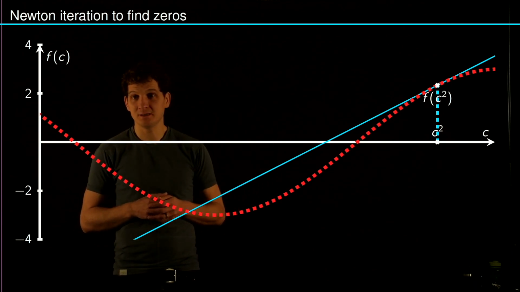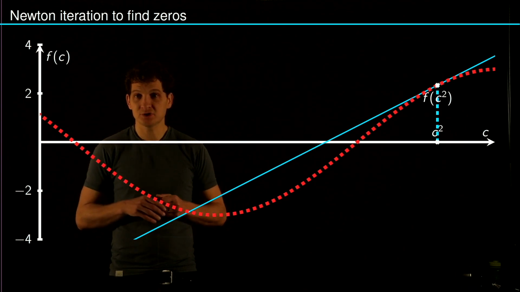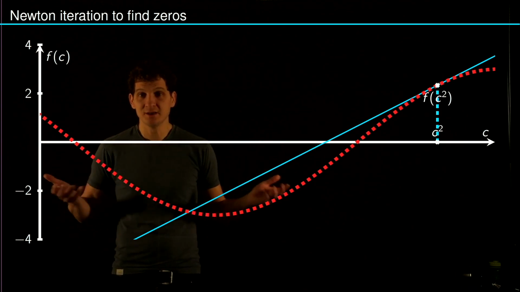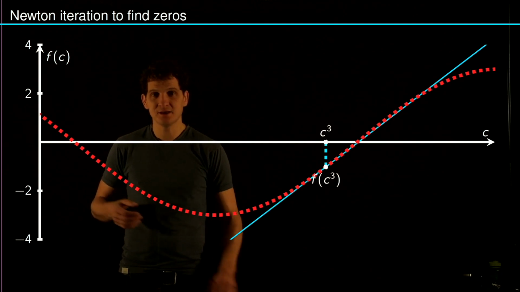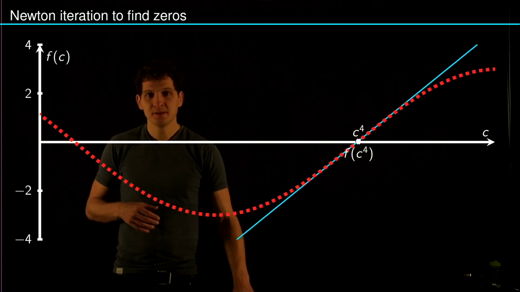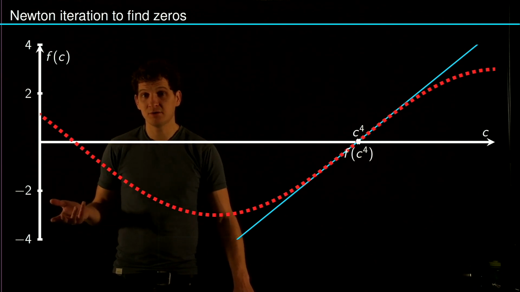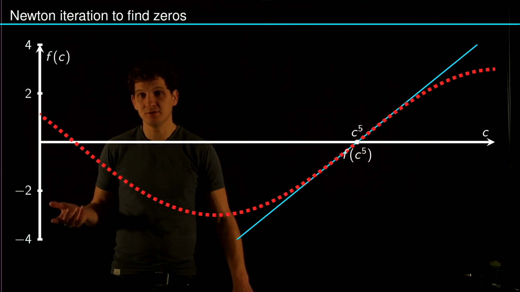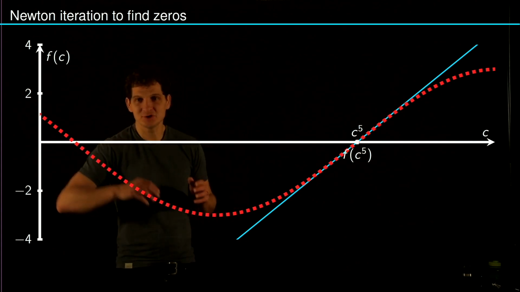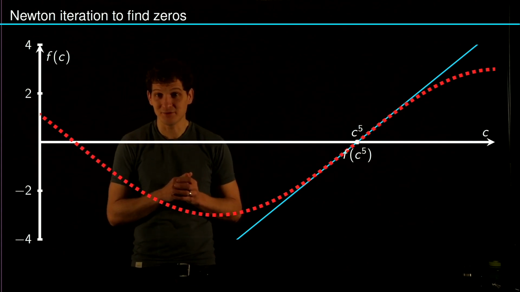So now I'm at c2. I evaluate the function at f of c2. It's still not very close to zero, so I calculate the local slope and approximate the zero again, okay? So this is c3, c4, and now there's already essentially no difference between c4 and c5. So we have reached convergence after 5 iterations.